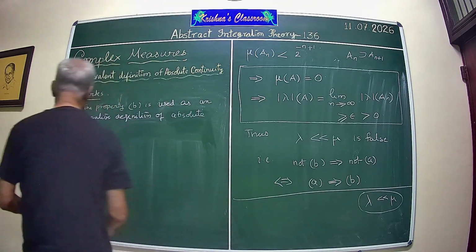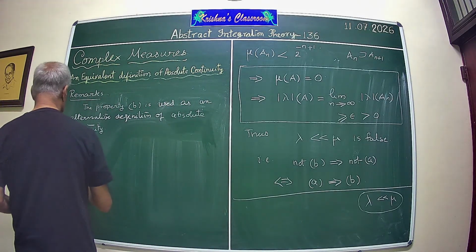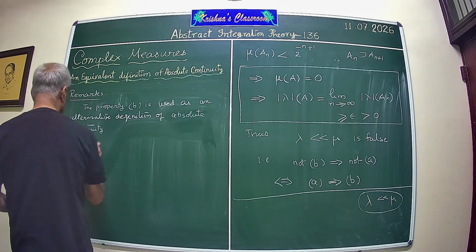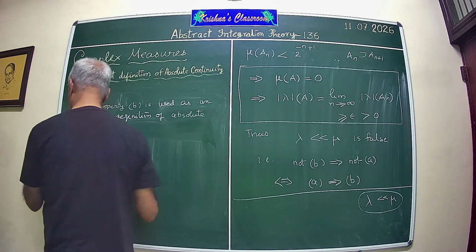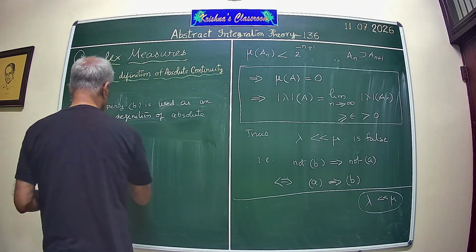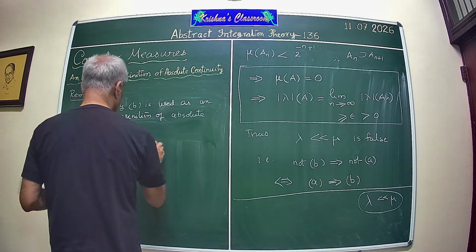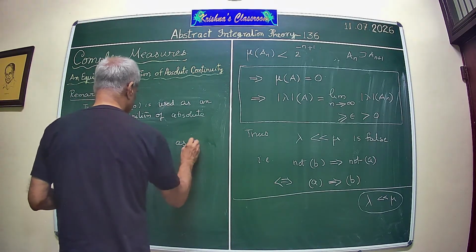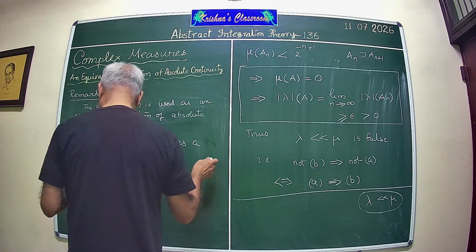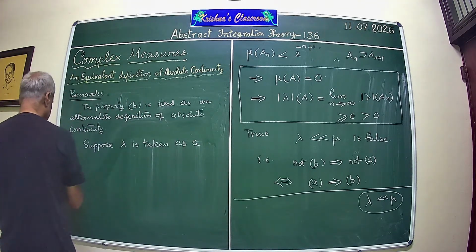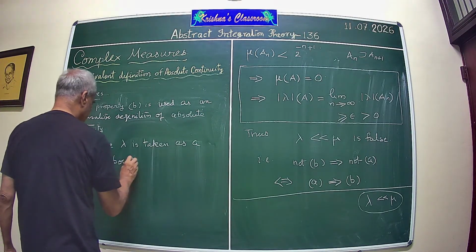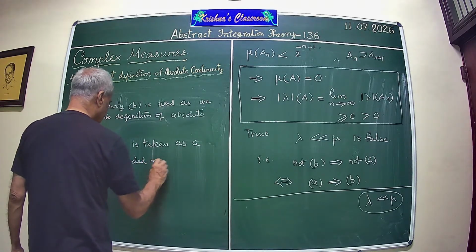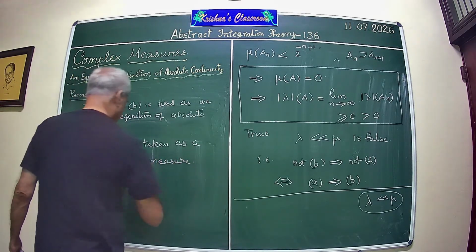Now, a further remark is that suppose lambda is taken as a positive unbounded measure.